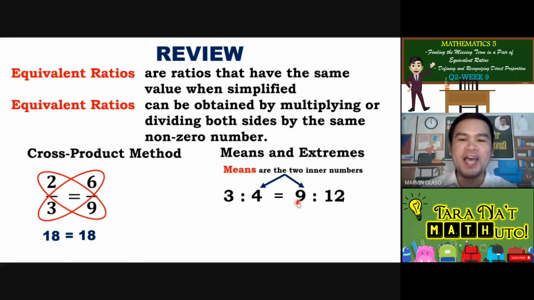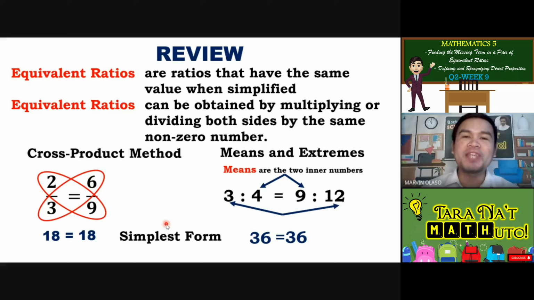So 4 and 9 ang tinatawag nating means. So we have 36 and also multiply the extremes. These are the extremes, meaning they are the outer numbers. So 3 times 12 is 36. Therefore, 3 is to 4 is equal or equivalent to 9 is to 12.